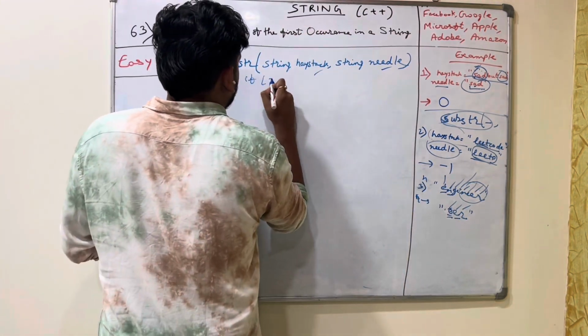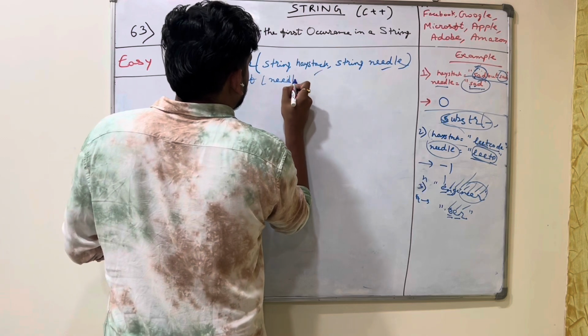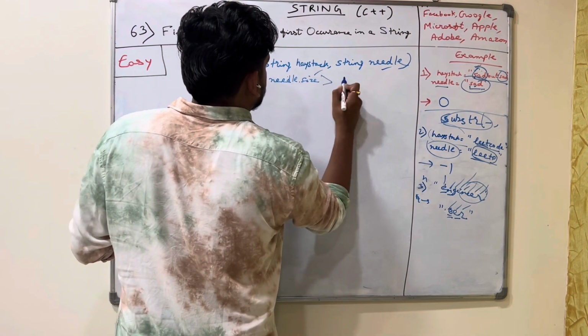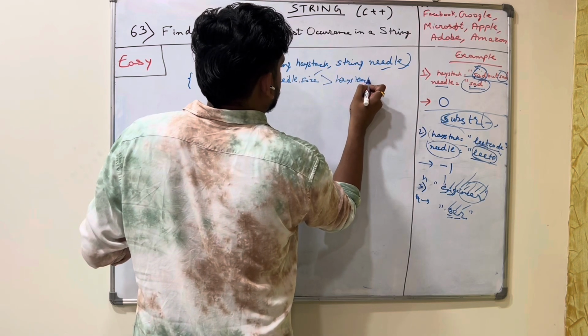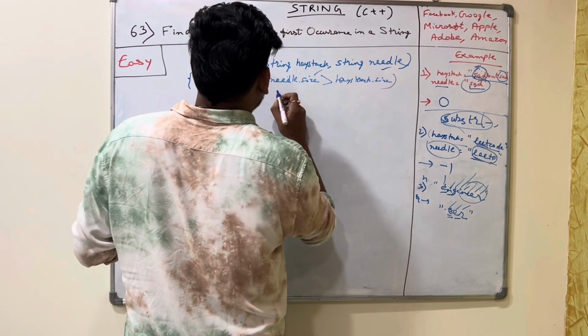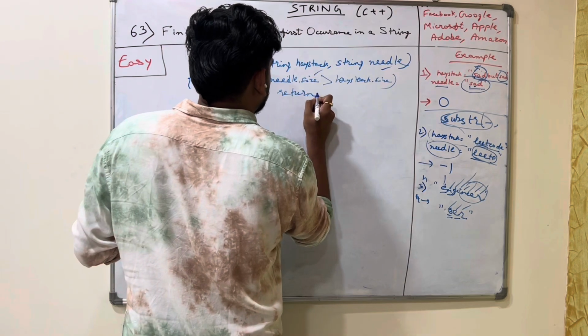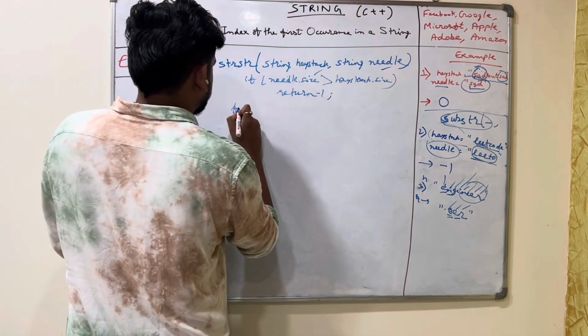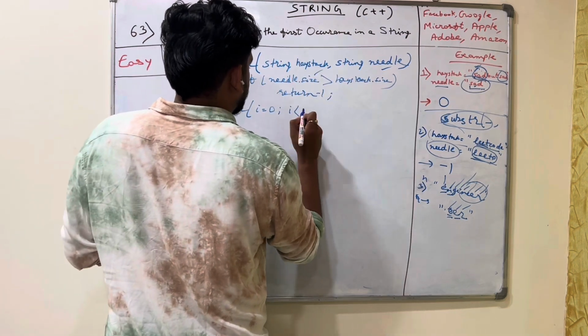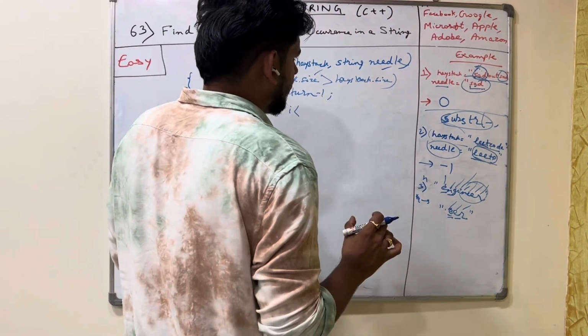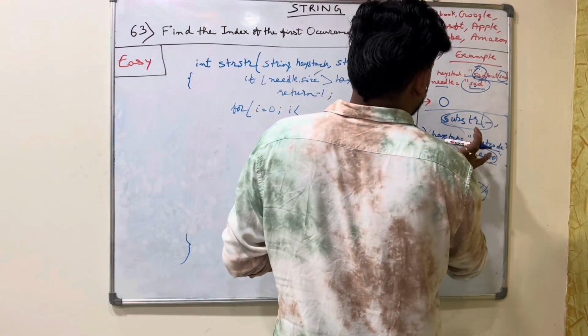If needle dot size is greater than haystack dot size, then return -1. Okay, otherwise what do we do? For i equal to 0, i less than, okay, we have to search till haystack, right?